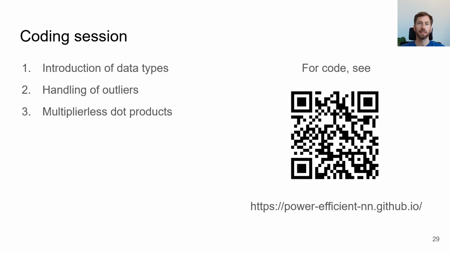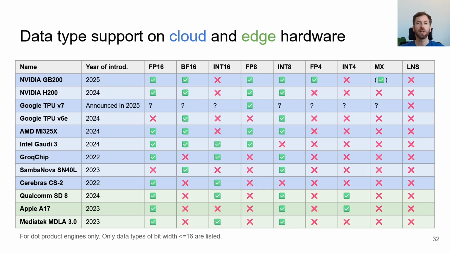Now we are back in the slides. To conclude the talk, let's have a look on which hardware system supports which data type. Please note that only data types with 16 or less bits are listed. In summary, most hardware systems support a 16 and an 8-bit data type. There are only few systems that support 4-bit data types.